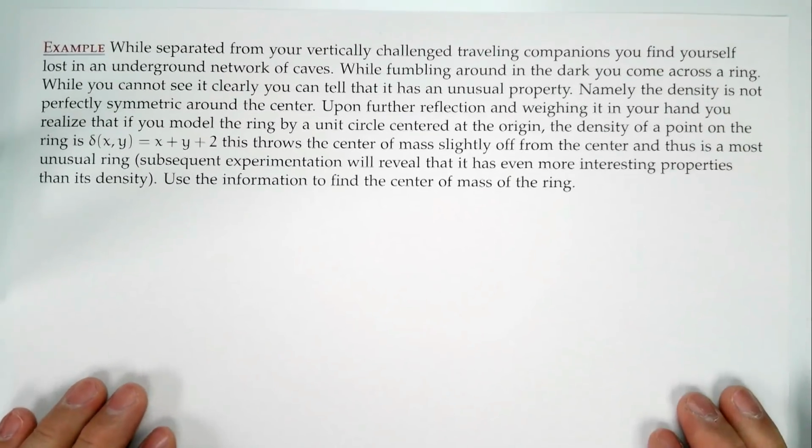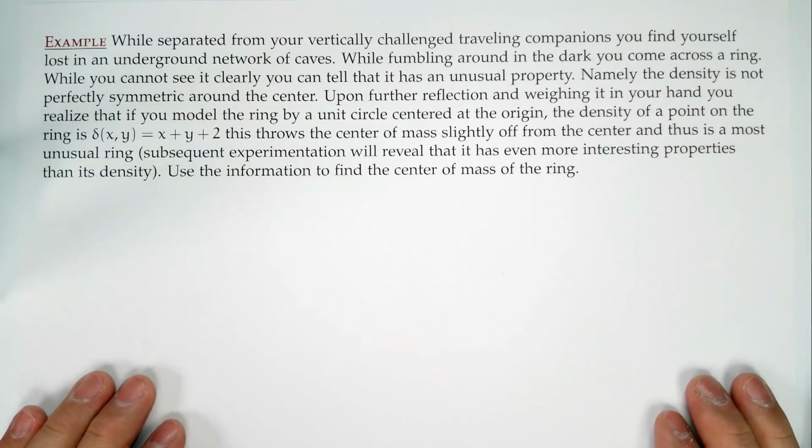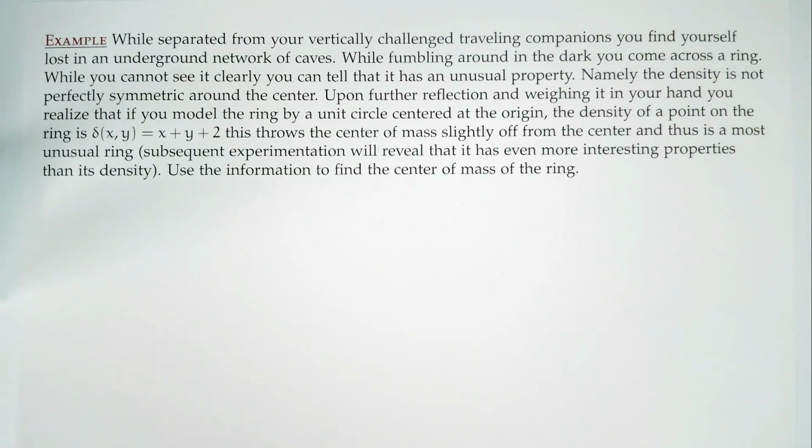All right. So, while separated from your vertically challenged traveling companions, you find yourself lost in an underground network of caves. While fumbling around in the dark, you come across a ring. While you cannot see it clearly, you can tell that it has an unusual property. Namely, the density is not perfectly symmetric around the center.